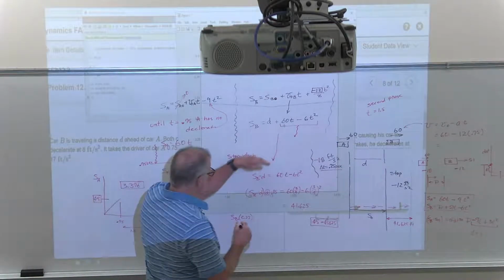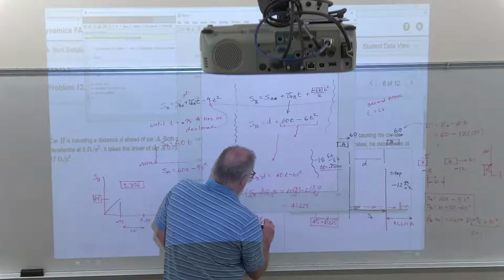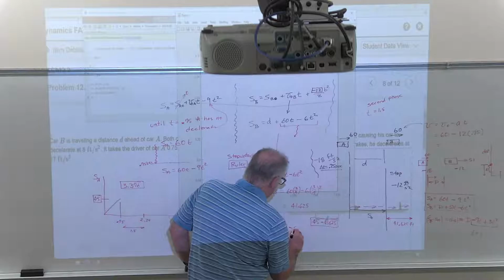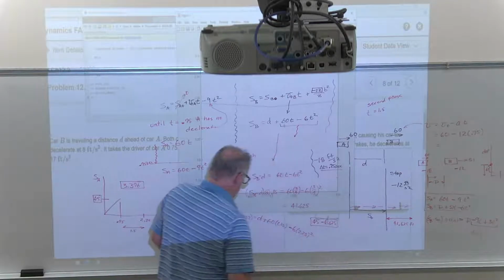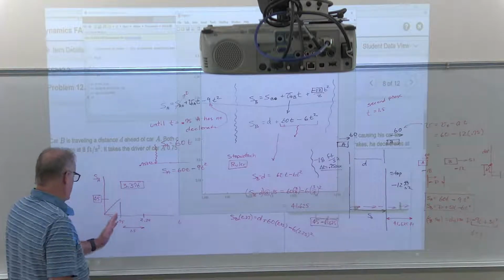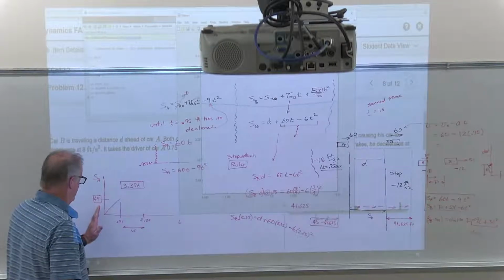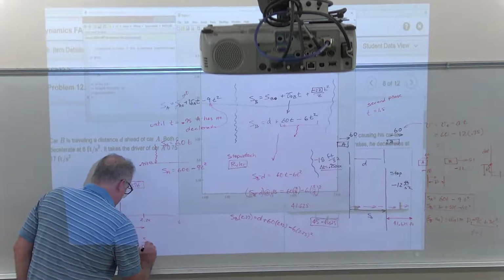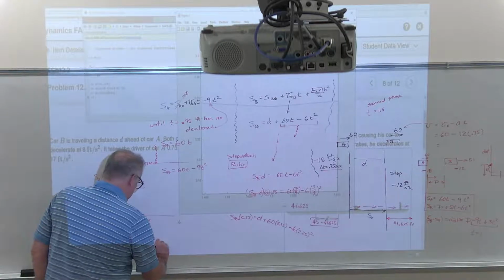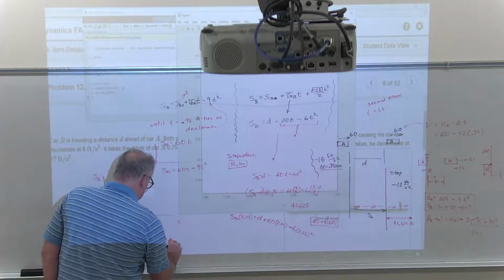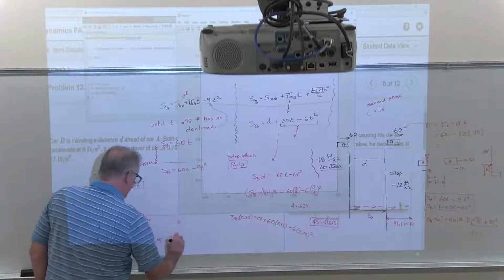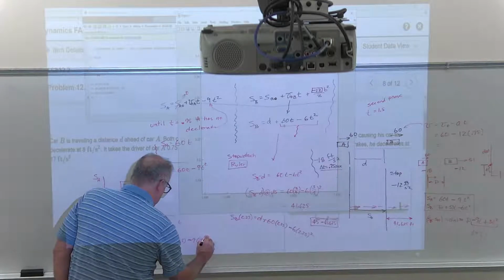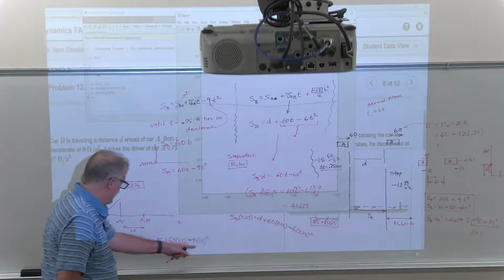So according to this, D plus 60 times 2.25 minus 6 times 2.25 squared, and then I go over here, and that sounds weird, but SA would have already gone 45, and then plus 60 times the delta T during this period, which is 1.5, minus 9 times 1.5 squared.